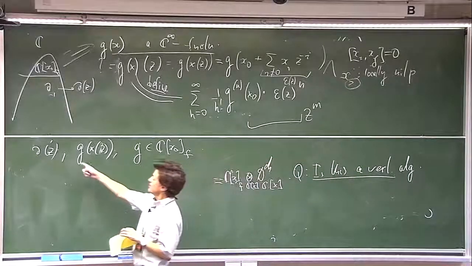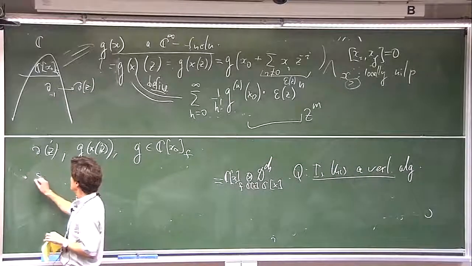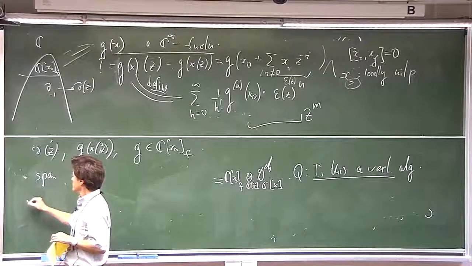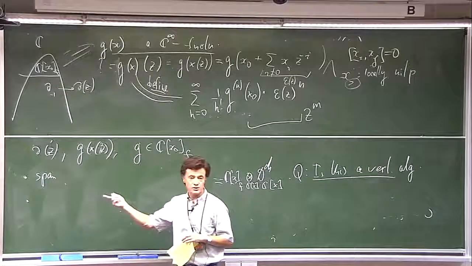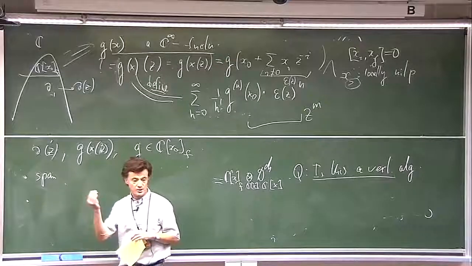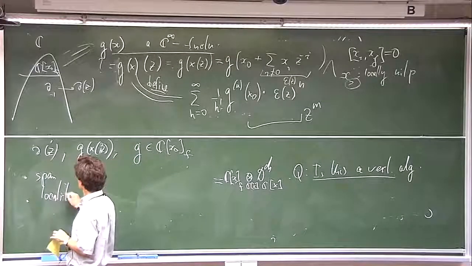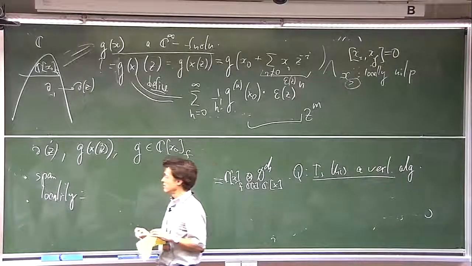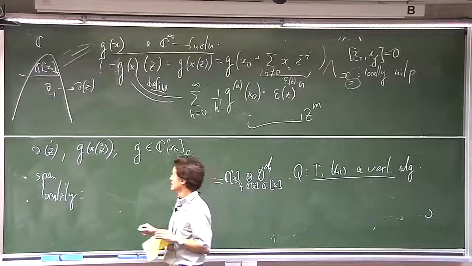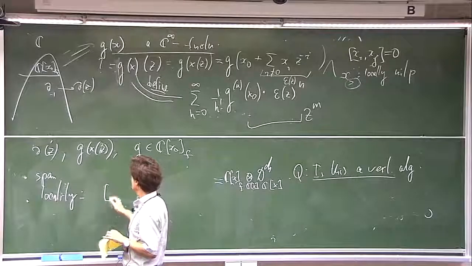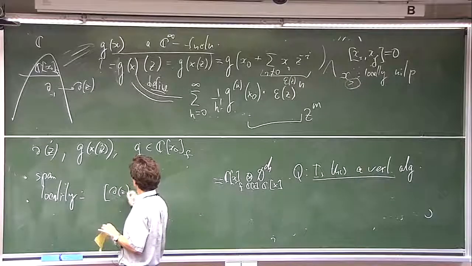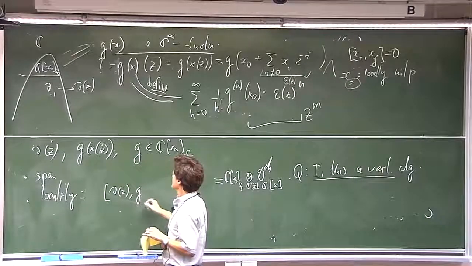It's clear that these satisfy the spanning property. The crucial thing, of course, is the locality. I leave it for the students here to verify the following extremely nicely looking formula.